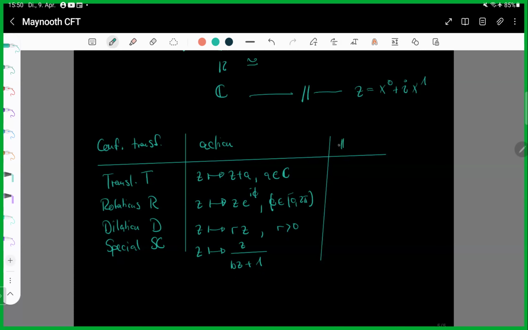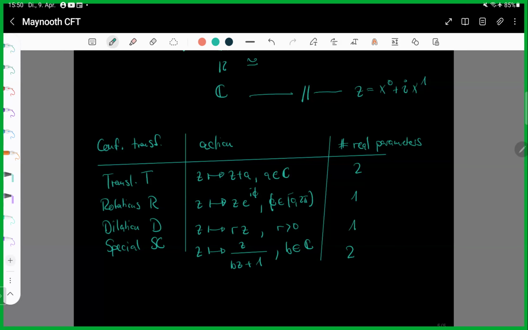So then we can count the number of real parameters. We have 2 real parameters for one complex translation. We have 1 real parameter in phi, we have 1 real parameter in R, and we have 2 real parameters in B, because B is also a complex number.